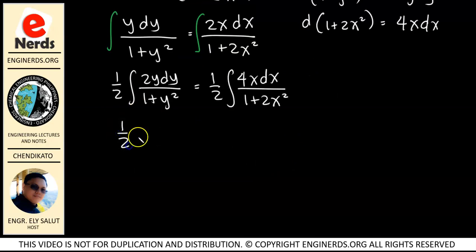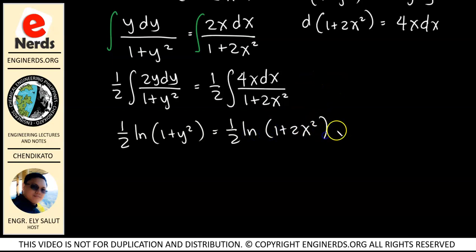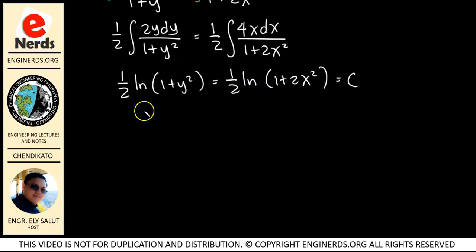So I will have 1/2 ln 1 plus y squared is equal to 1/2 ln 1 plus 2x squared, and this is equal to c. Okay, so let me put this dito sa left side ng ating equation. Itong naandito sa right side, ano? I'm just going to transpose that dito sa left side ng equation.